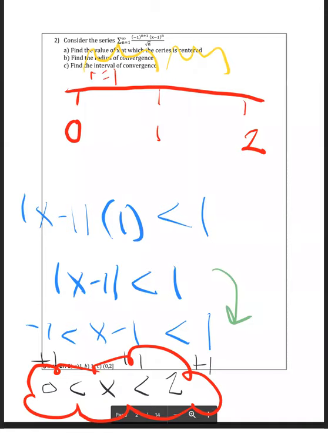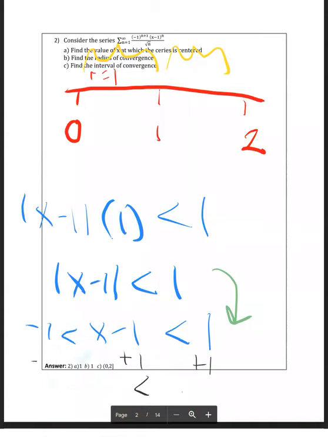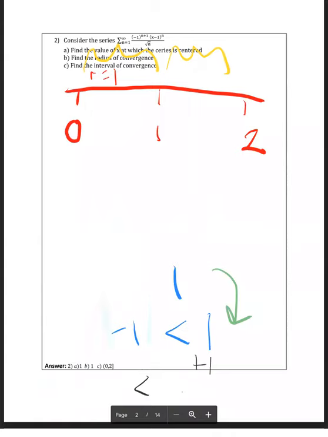And if you go to the bottom of this, you can see that the answer for part B is 1. So now we're at the point where we know that it's going to be from 0 to 2. You just can't tell me if it's a bracket, or in other terms, a closed dot or a parenthesis or an open dot.